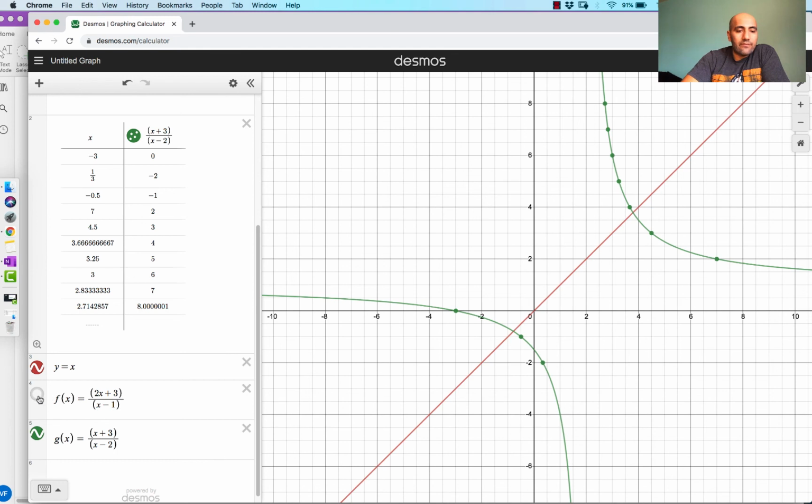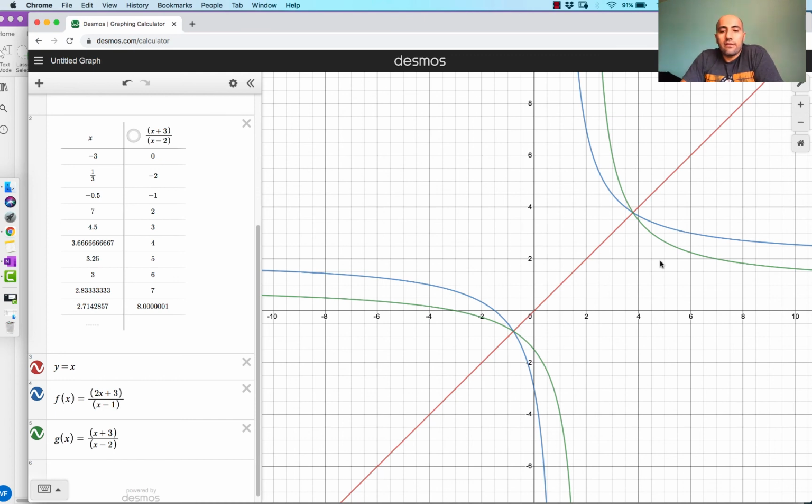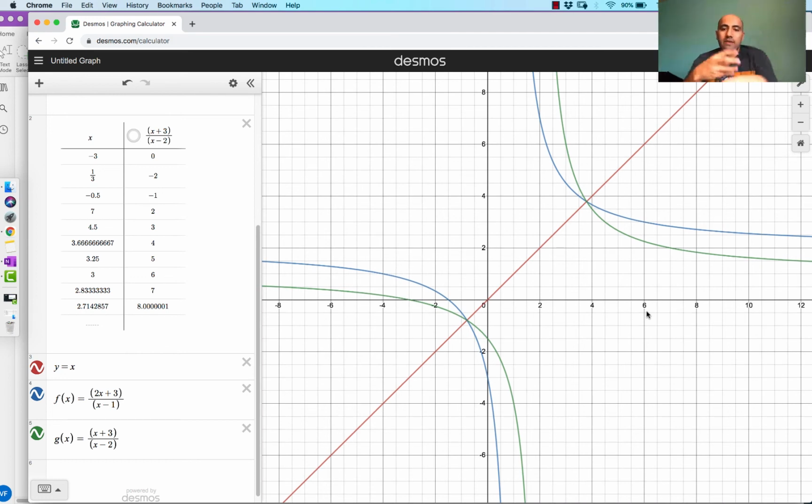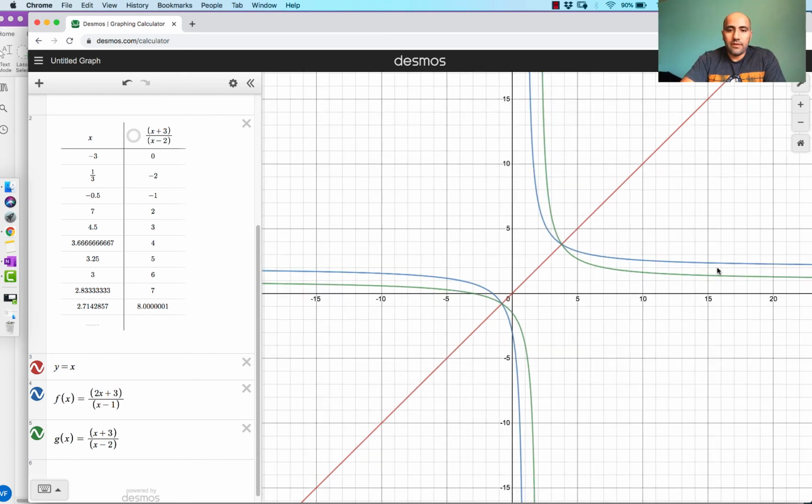So now if we graph them both, hopefully we can convince ourselves that the mirror image property stays consistent, right? So here, let me copy this.